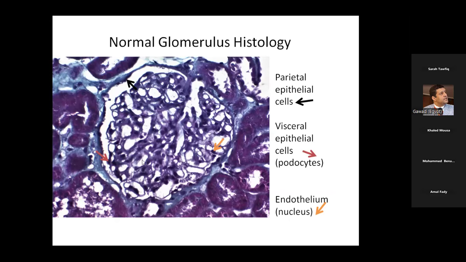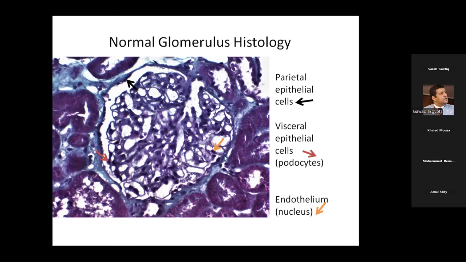We usually try to pick everything at the periphery, not in the center and not near the hilum. That's the hilum, the capillary inlet of the glomerulus. So try to be away from the hilum and the center. Look for the podocytes at the periphery, and look for the glomerular basement membrane at the periphery, and so on. Thank you, that's very clear. Please continue.